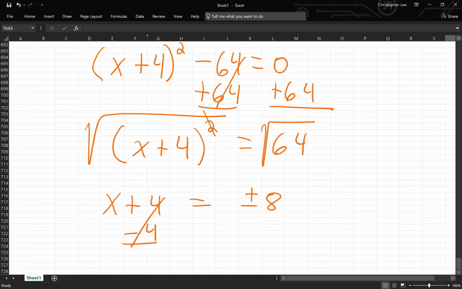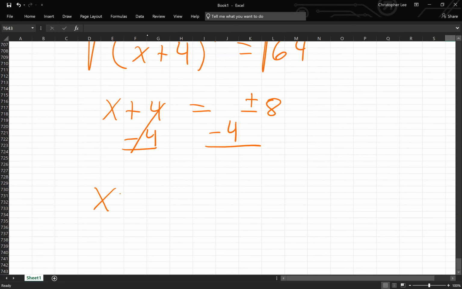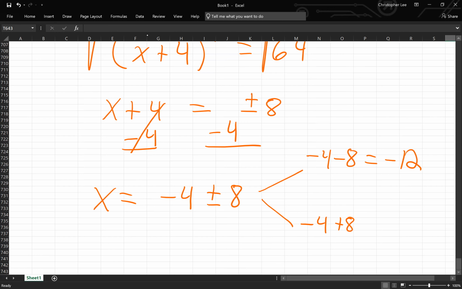And what you do to one side of the equation, you must do to the other side. So now this is my answer. X is equal to negative 4 plus or minus 8, which is two separate answers. One answer is negative 4 minus 8, which is equal to negative 12. And the other one is negative 4 plus 8, which is equal to positive 4.